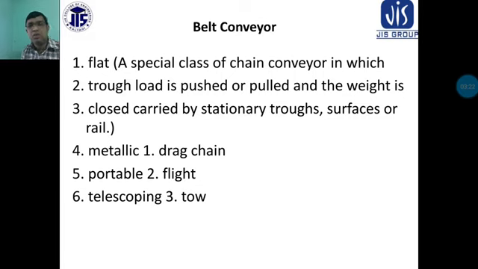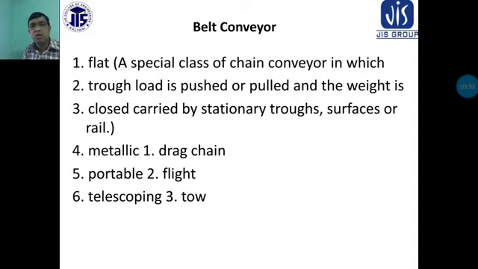To avoid this sagging you have to give some idler pulleys as a support system for the materials, so that sagging does not happen. Then you have to give some supports for the idler pulley, and this idler pulley also rotates in the same direction as the belt.